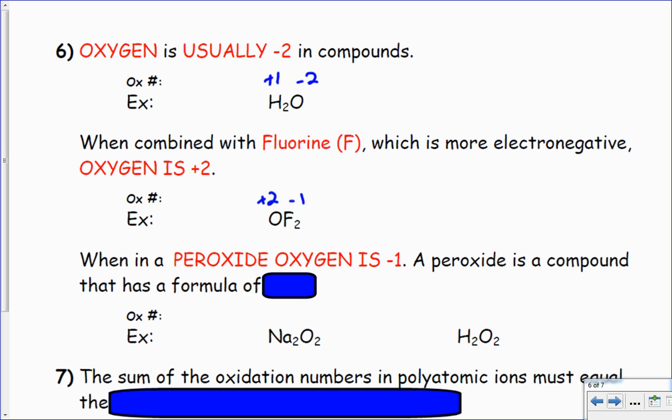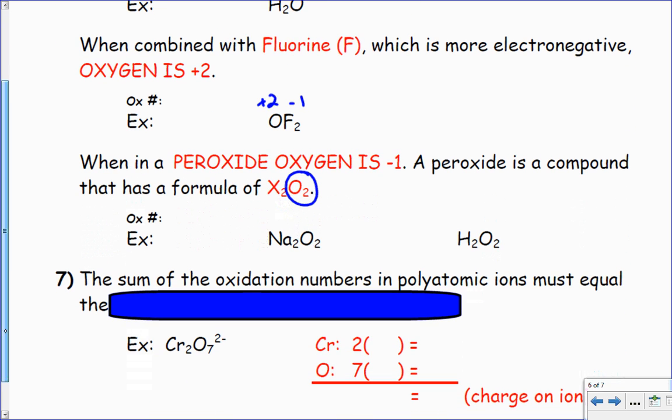And when I see peroxide, that's when it's a -1. The tricky part is that we have to memorize these because this isn't actually even in the periodic table. Peroxide means when I have an O2 at the end of a compound. Notice H2O ends in an O, it's not an O2.